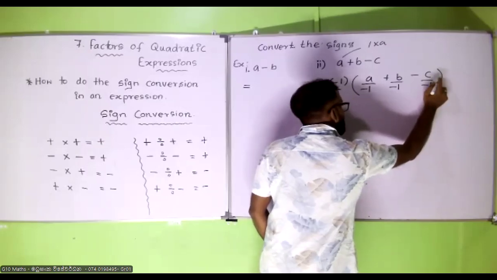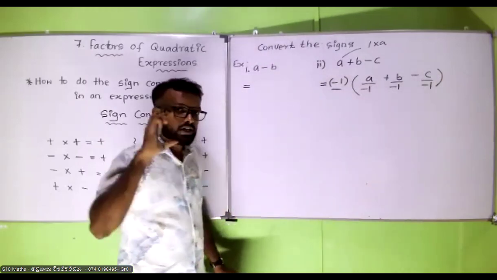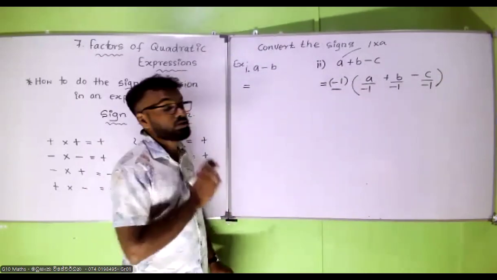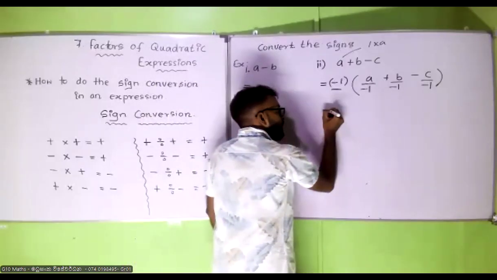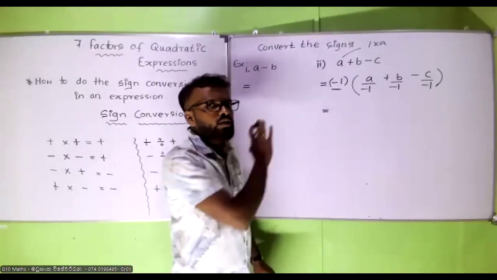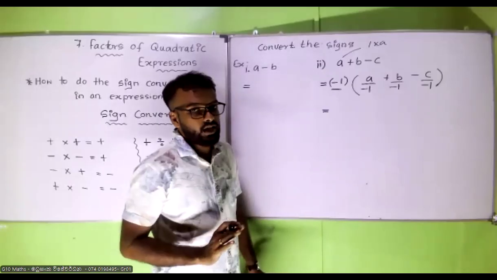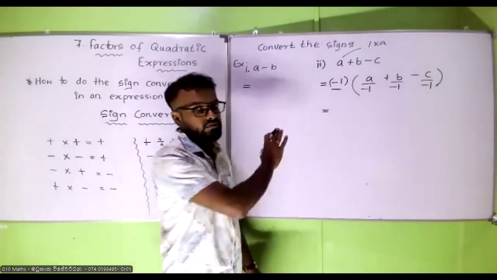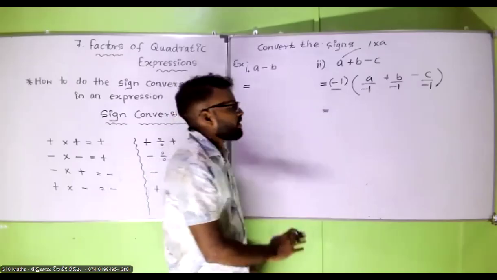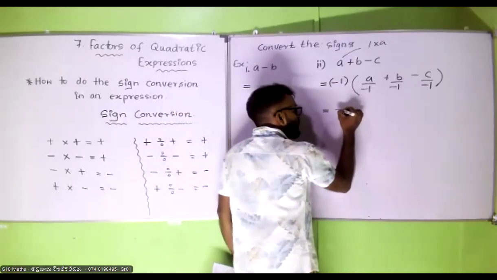So please understand the concept. Please understand the logic behind this. Actually, no need to do this one. I will reduce the steps once we go forward. So here you have minus 1.